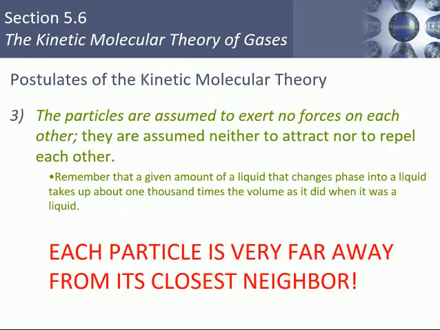Number 3, particles are assumed to exert no forces on each other. They are assumed neither to attract nor repel each other. No attraction force, no repulsion force at all.